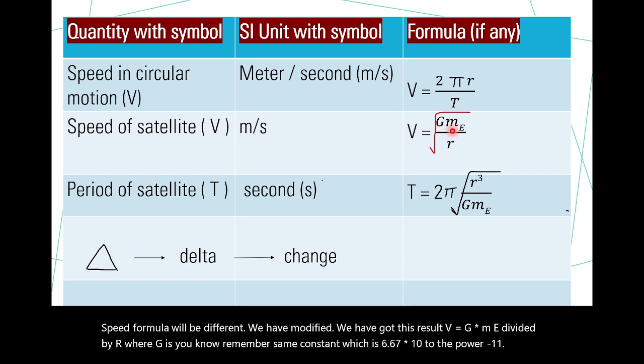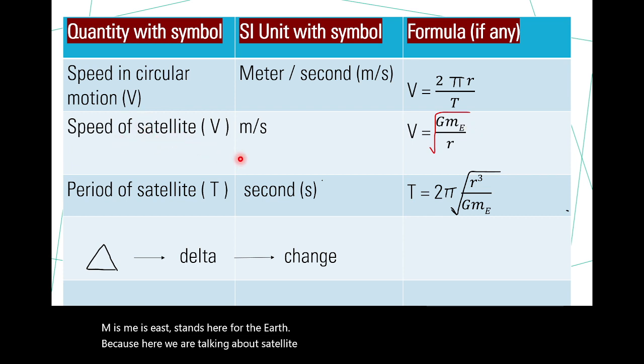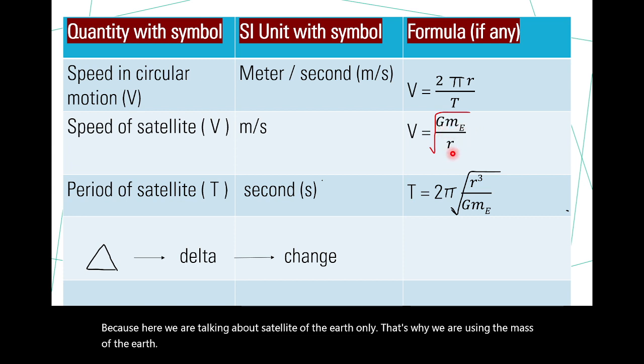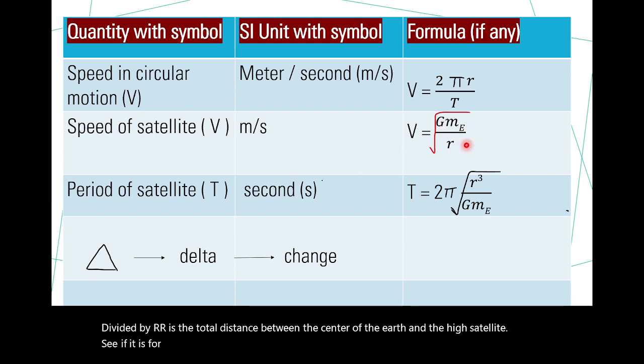M e, where e stands for the Earth, because here we are talking about a satellite of the Earth only. That's why we are using the mass of the Earth. R is the total distance between the center of the Earth and the satellite. If it is for Jupiter or another planet, we will take the mass of Jupiter or that planet.